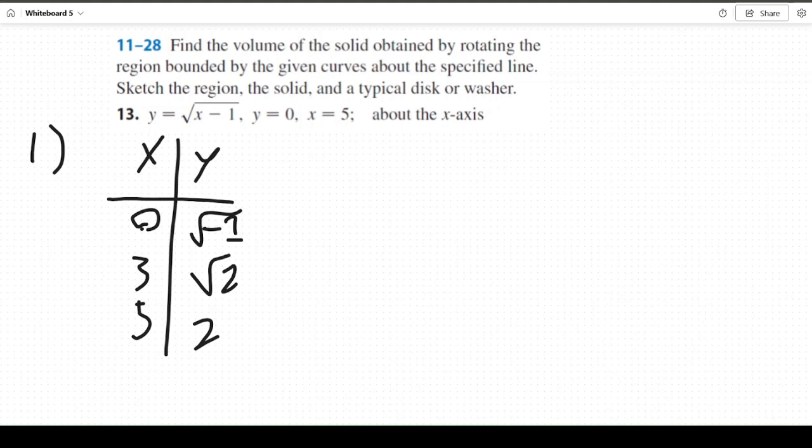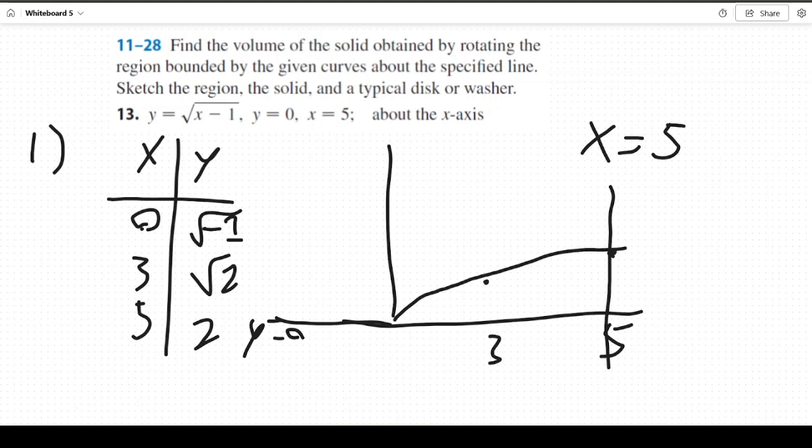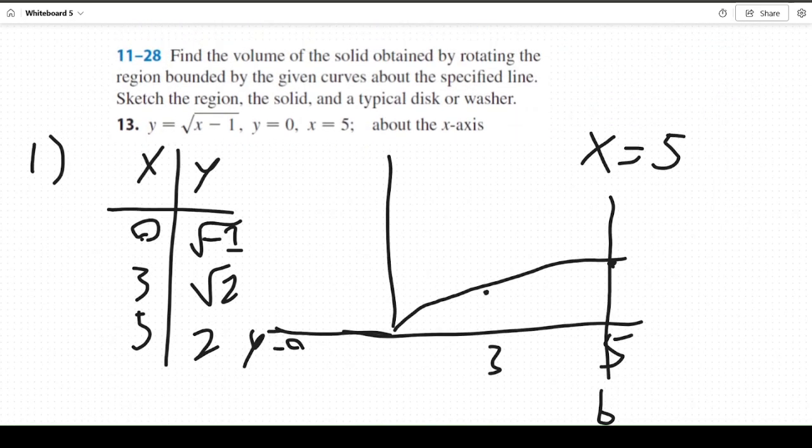Here we have our values, and now we're going to graph it. So our graph will look something like this. But we still have one problem. We need to find the other x value since we only have one, considering it will be about the x-axis.